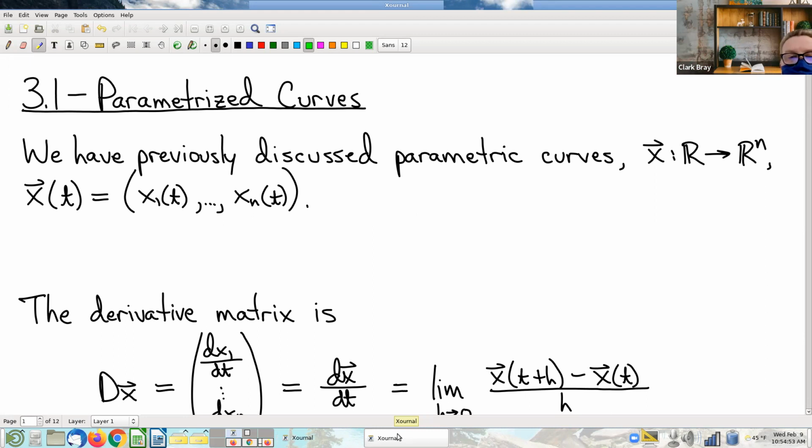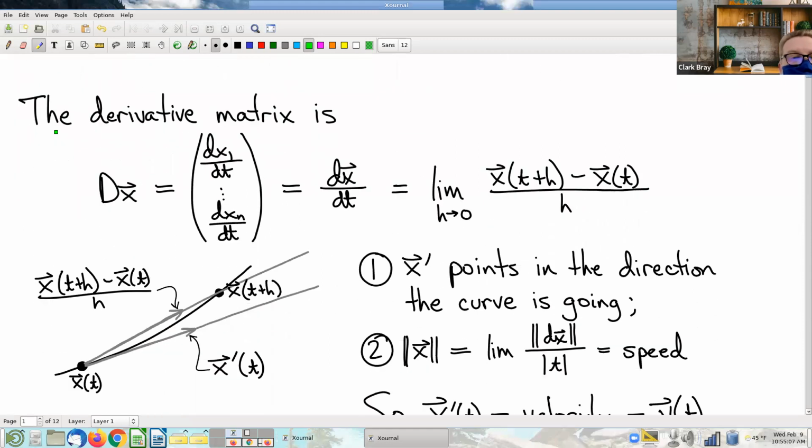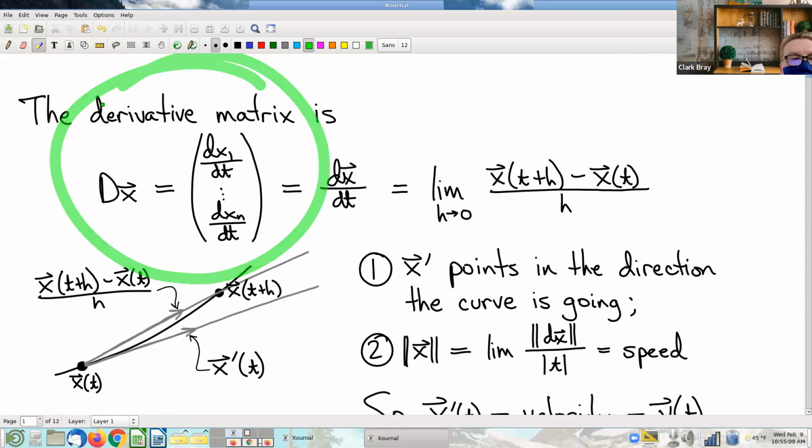Chapter 3, parametric curves. Y'all know about parametric curves, right? So I'm just going to make an observation here. 3.1 is mostly the following relatively innocent observation, and that is that the derivative matrix for a parametric curve, well, there's only one output variable, one input variable, so therefore only one column.